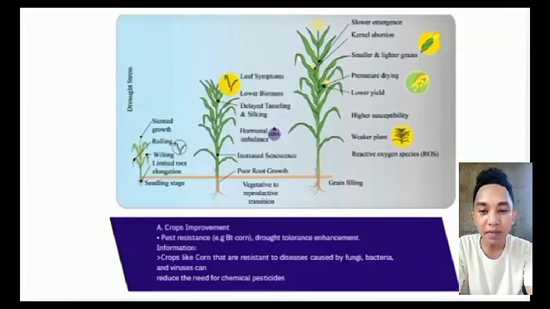Crops like corn that are resistant to diseases caused by fungi, bacteria, and viruses can reduce the need for chemical pesticides.